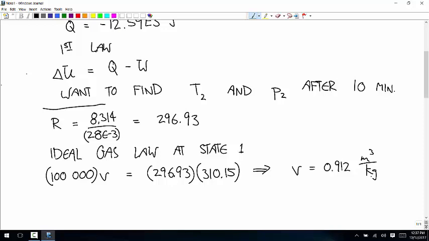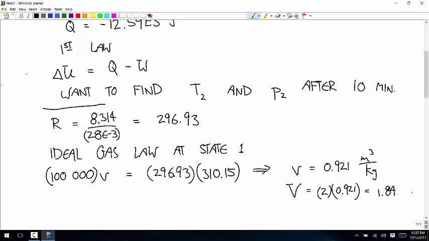We have 2 kilograms of gas, so the total volume is 2 times 0.912, so 1.8. I transposed these. 2 times, in both cases, that should be 0.921.